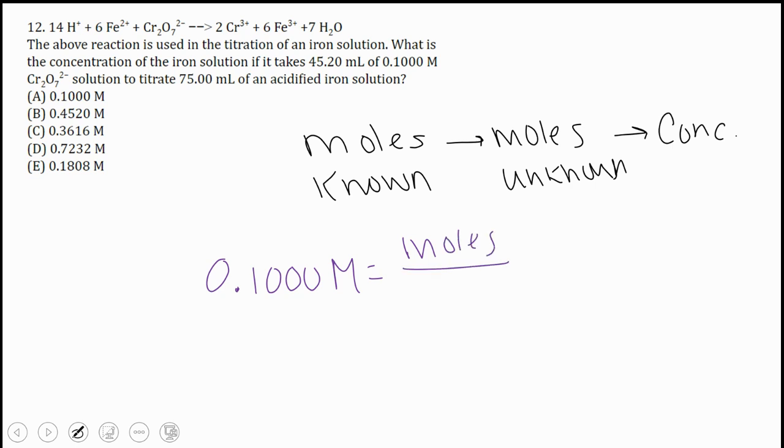Liters here, if we take the 45.20 milliliters divided by 1,000, you're going to have 0.04520. I think they want everything in 4 sig figs, so let's keep the 0 at the end. So the moles of your known are going to end up being 0.004520.